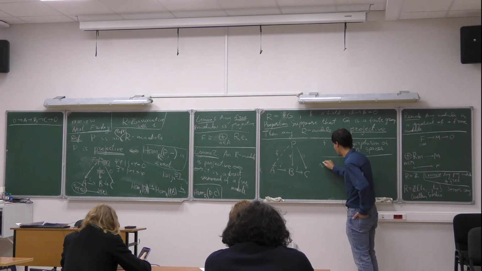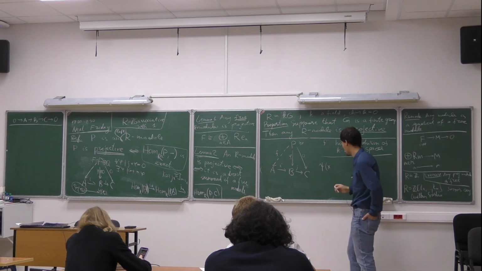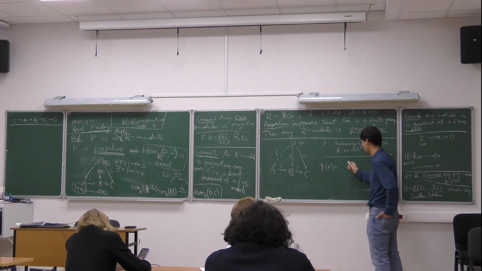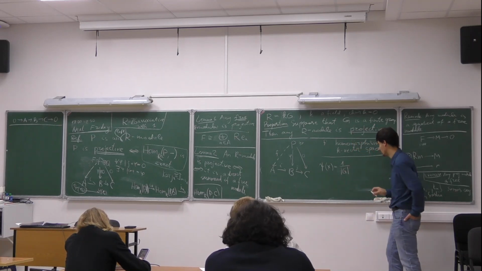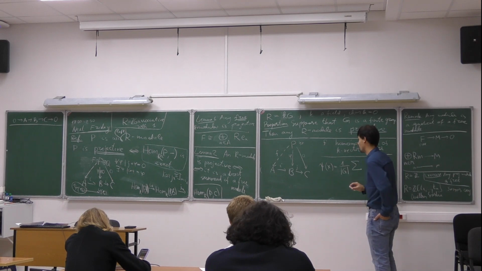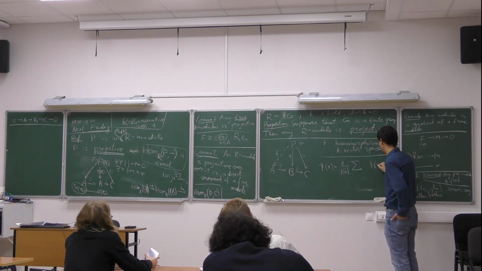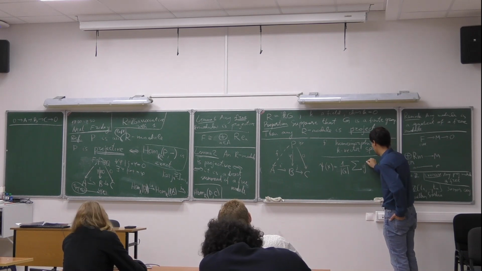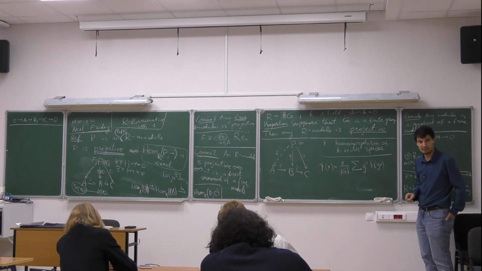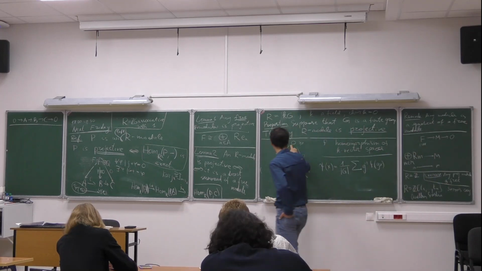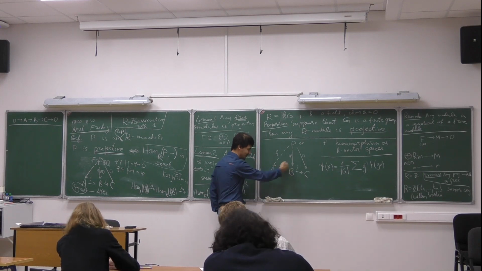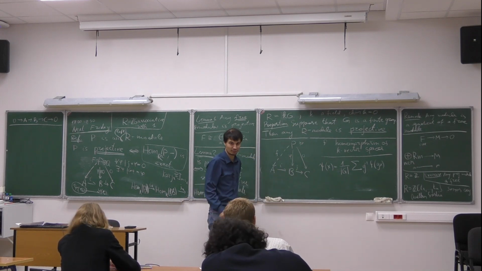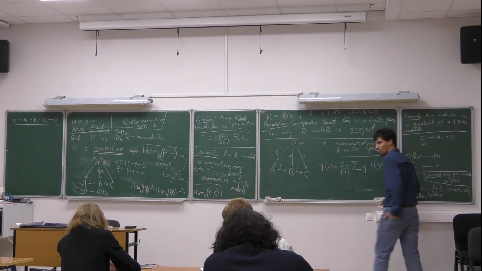So the required homomorphism psi of x, where x is taken from P, is by definition the following. We take the average over G, and here we have the following sum: F of gx, and here we apply g minus 1. So this is the action of G on P, and since all these are modules, we can write down that formula.